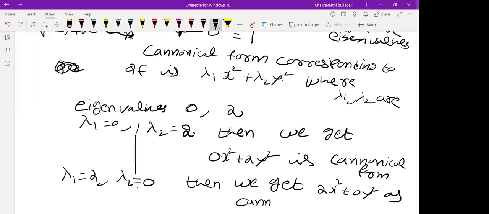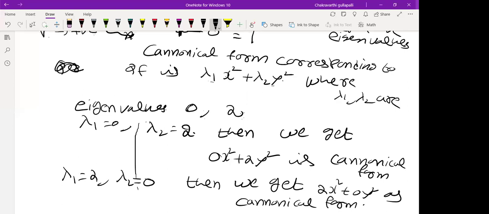So how many canonical forms? 2 canonical forms. Sometimes you'll be asked to find how many canonical forms are possible. So we have to fill up two places with two eigenvalues. So 2 factorial. You have to select 2 eigenvalues for 2 places, 2 different eigenvalues, 2 different places.